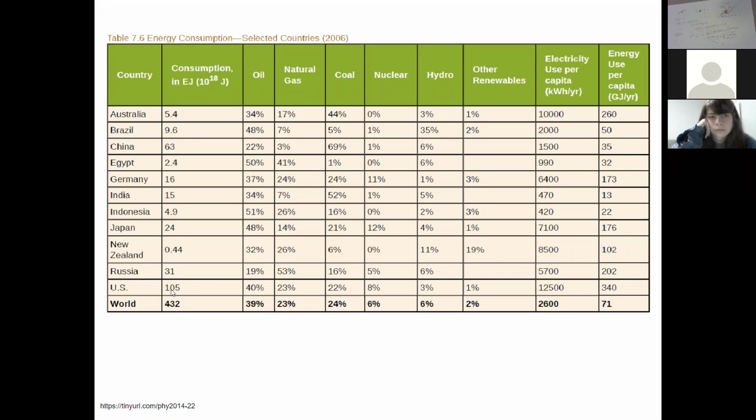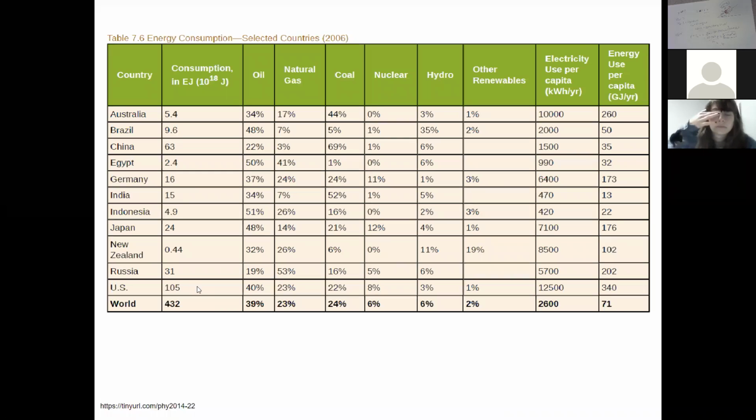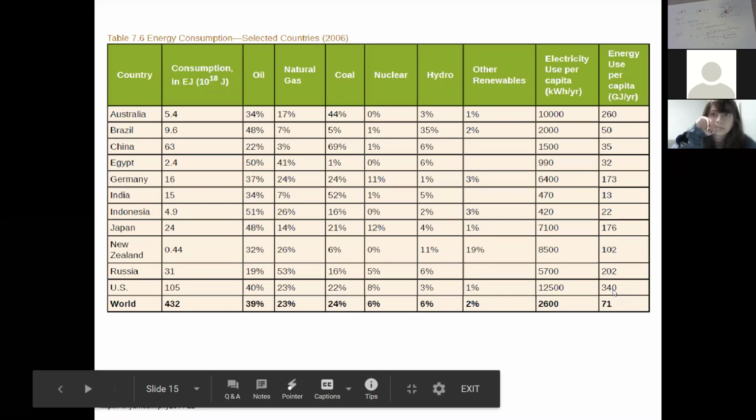We are using 105, compared to the rest of the world, who are all less than 105 in units of 10 to the 18 joules. This is total usage for the country. If you look at per capita, we are still number one here.